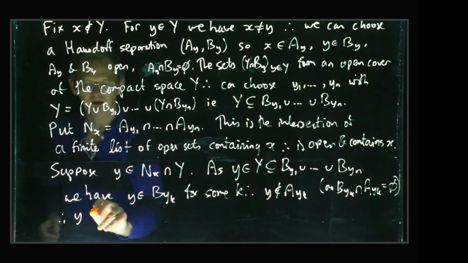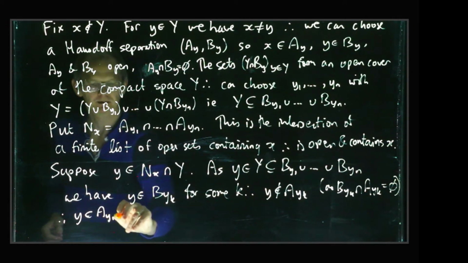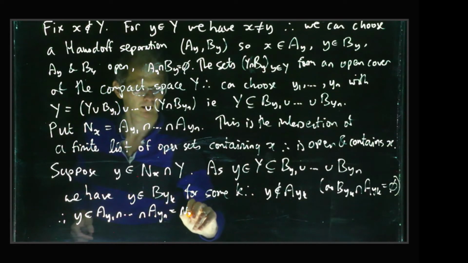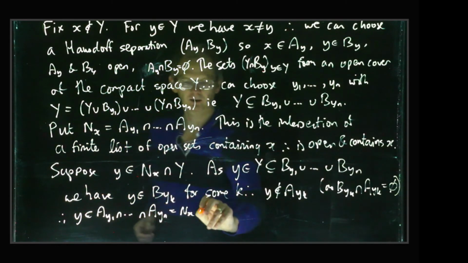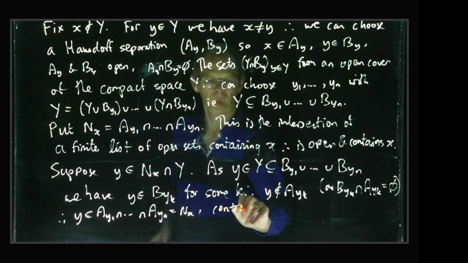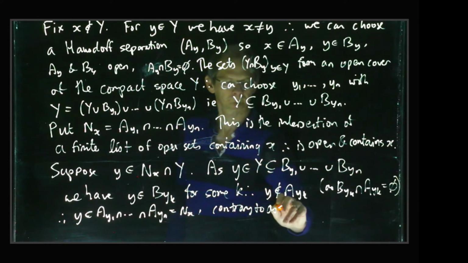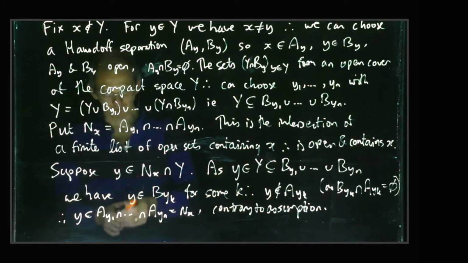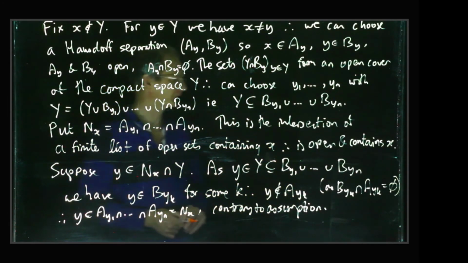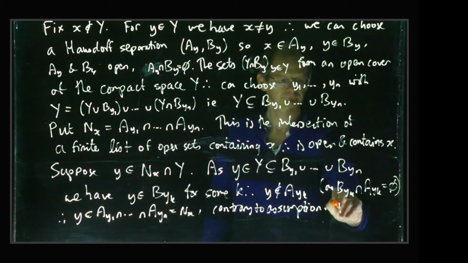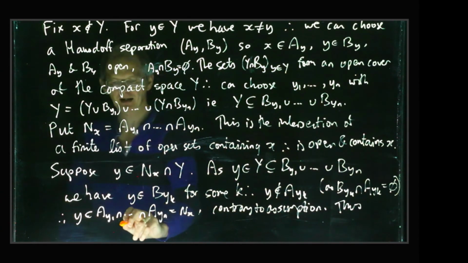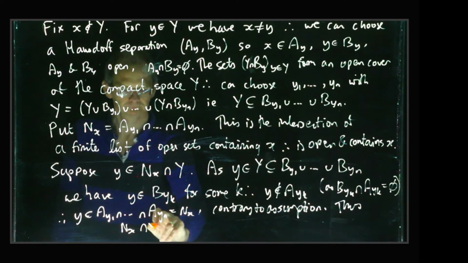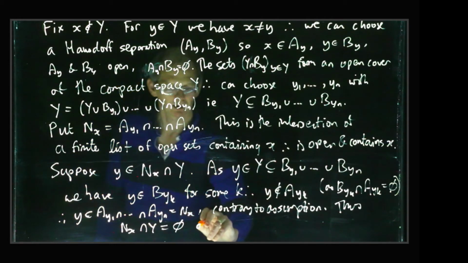Therefore, y doesn't lie in Nx. So that contradicts our assumption here that y was supposed to lie in Nx. So we see that now that Nx intersect Y is empty as required.